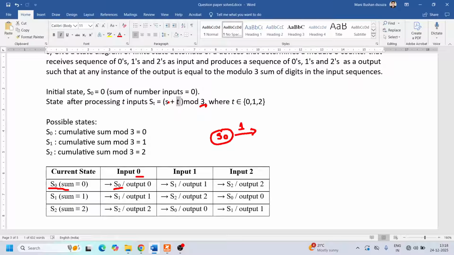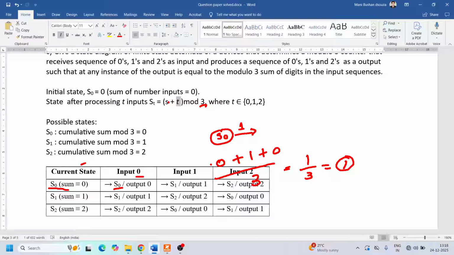Any one of them is 1, so 0 plus 1 plus 0, or 0 plus 0 plus 1, divided by 3. This is 1 by 3. 3 cannot divide 1, so the remainder will be 1.